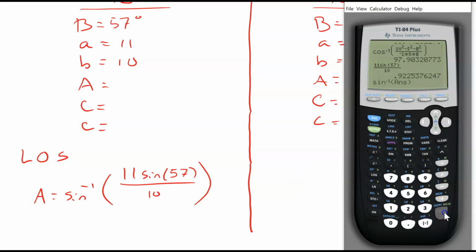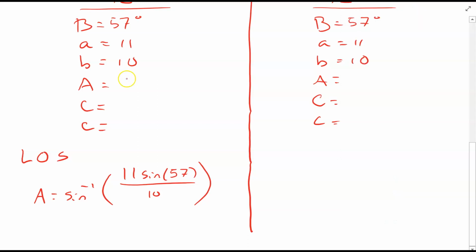So when I put that into my calculator, I get 67.3 degrees. And maybe just to be clear, I'm going to put a subscript of 1 and 2 on these variables, so it's a little bit easier to tell what's going on. The ones for triangle 1, I'm going to put a subscript of 1 on, and the stuff for triangle 2, I'm going to put a subscript of 2 on. Just for this specific reason.